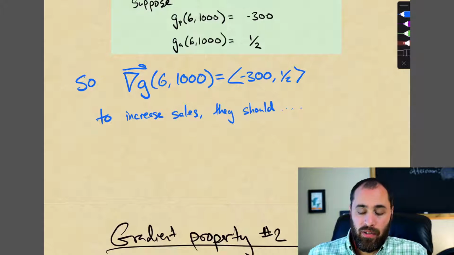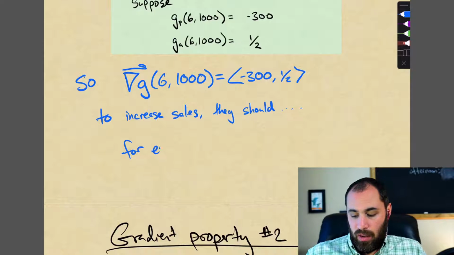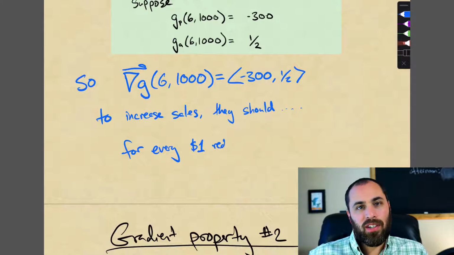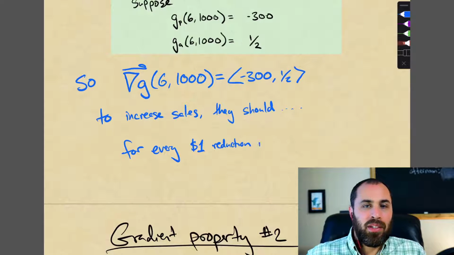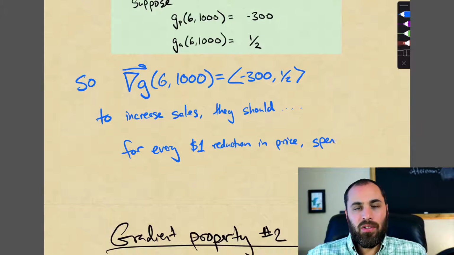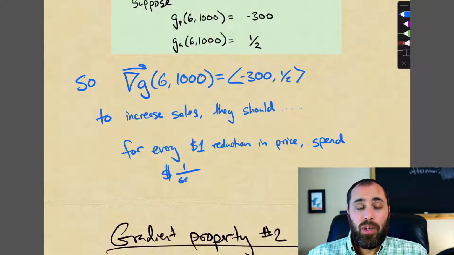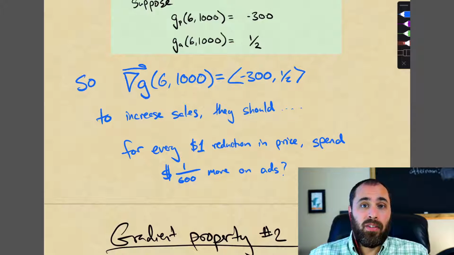We could say that for every $1 reduction in price, we might increase the ad budget by 1 over $600. It's kind of a strange thing to say, but really what this is saying is that if we wanted to see the steepest increase in selling pints, we should lower the price. Spending money on ads is not the place to find these gains.